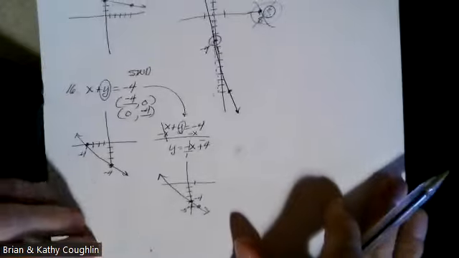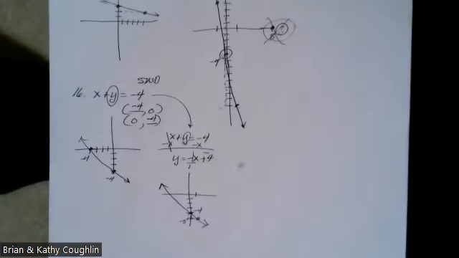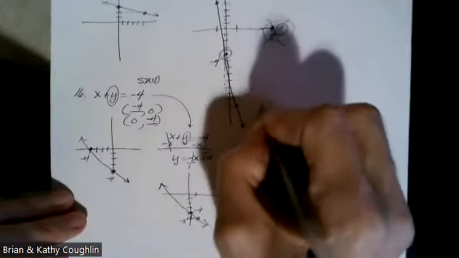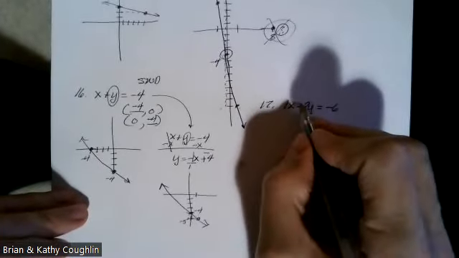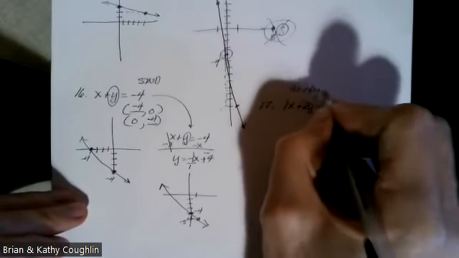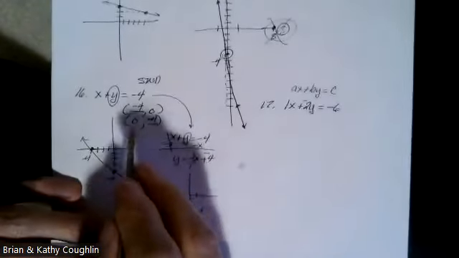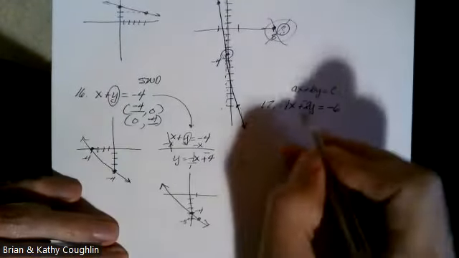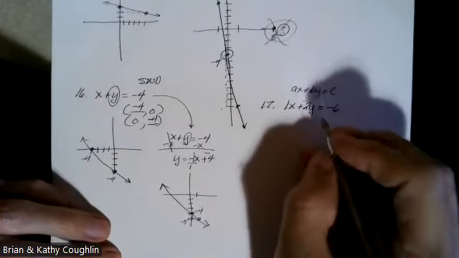Okay. Now, over here for number 17, again, this is standard form. So 17, 1x minus 2y equals negative 6. I'm going to add the opposite because it's supposed to be ax plus by equals c. Your choice. You can either do the chubby hand method, which means find the x and y intercepts, or you can get y by itself.